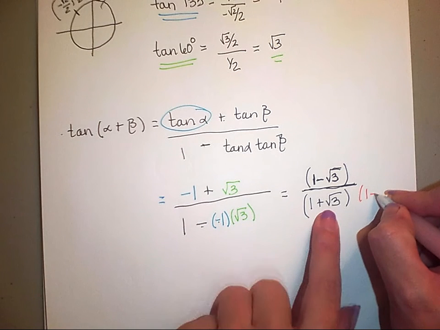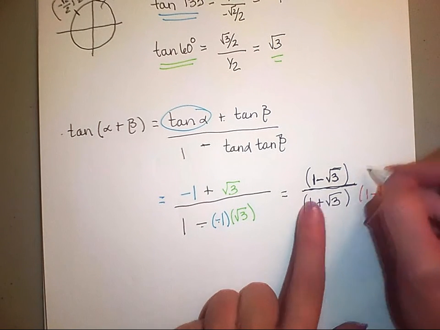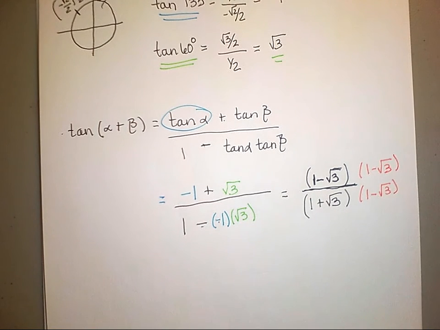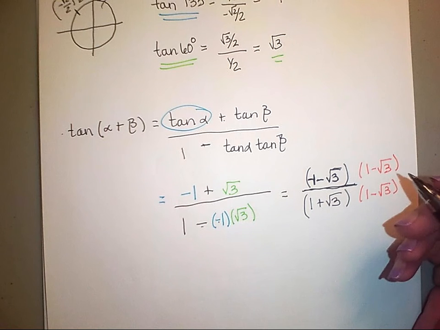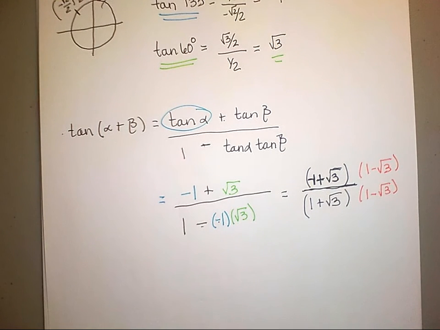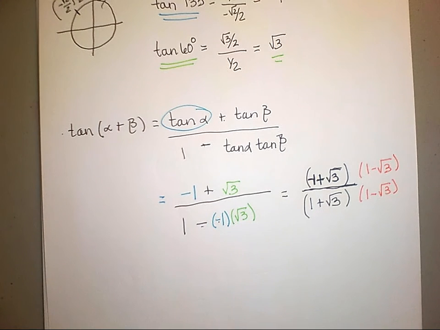We'll need to multiply by 1 minus the square root of 3. And I dropped a negative up here. I have to put that back in. This is -1 plus square root of 3, and this is 1 plus. Okay, sorry about that, you guys.